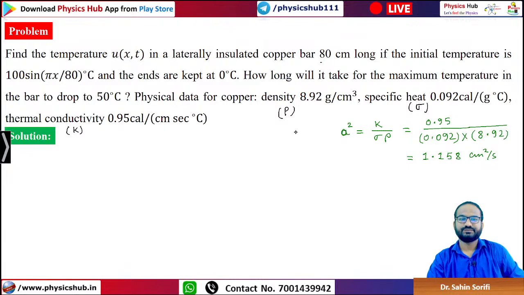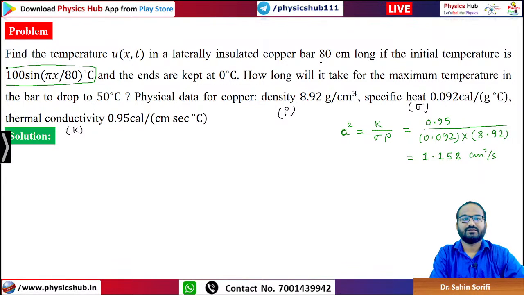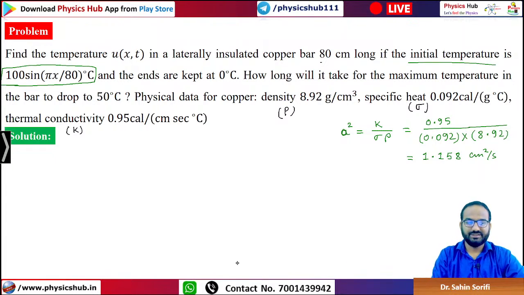Other things you know: the initial temperature is given as 100 sin pi x by 80 degrees centigrade. In our mathematical language, if you are given the initial temperature, what does it mean?